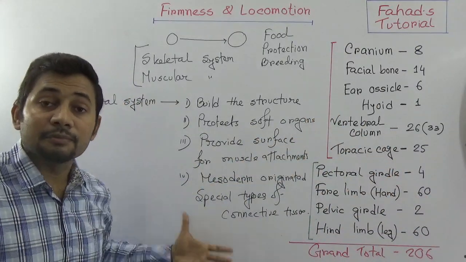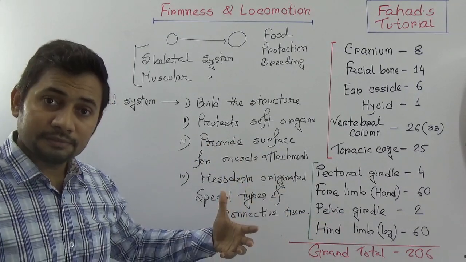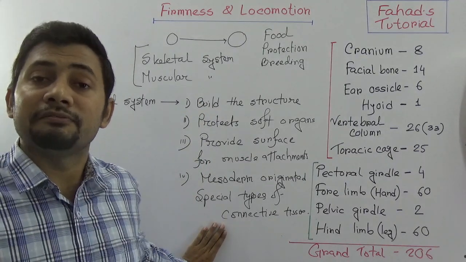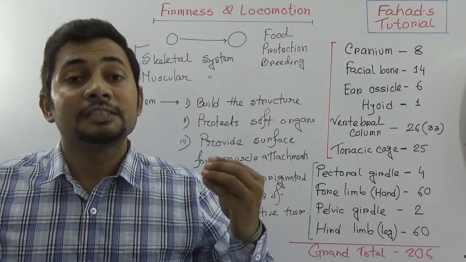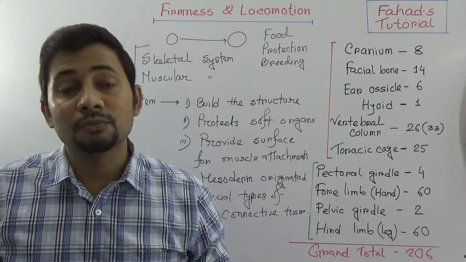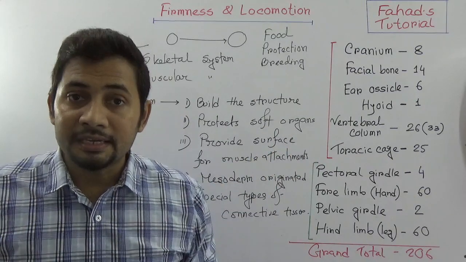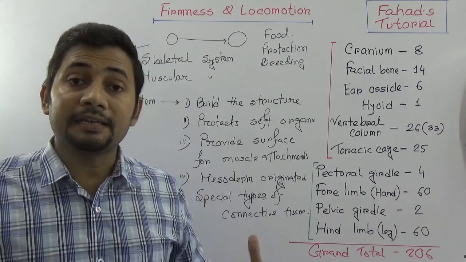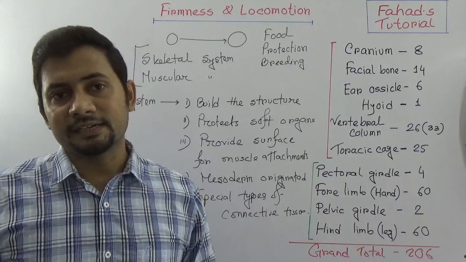And the system which is allowing this, we should remember, in defining the skeletal system, is a mesoderm-originated special type of connective tissue which gives us a shape, bears our weight, provides the surface for muscle attachment and protects our soft organs. This is called the skeletal system.